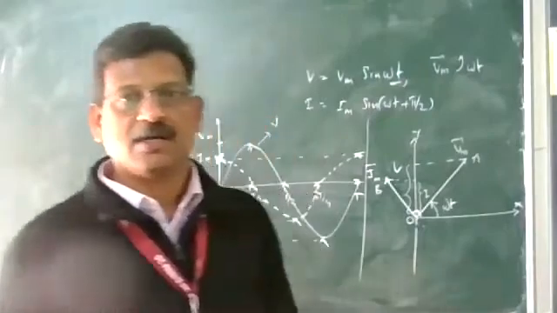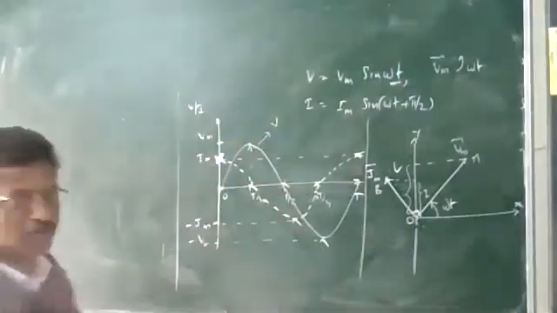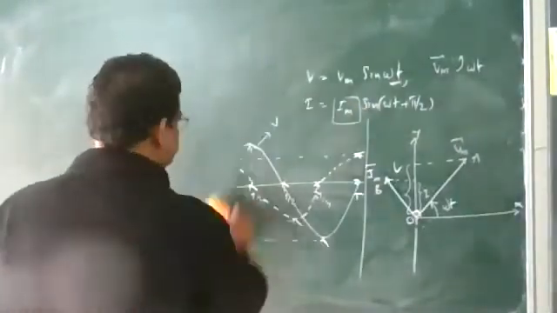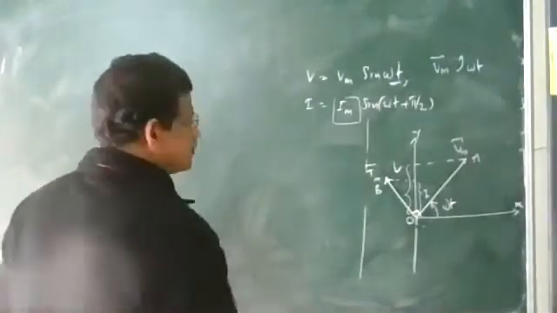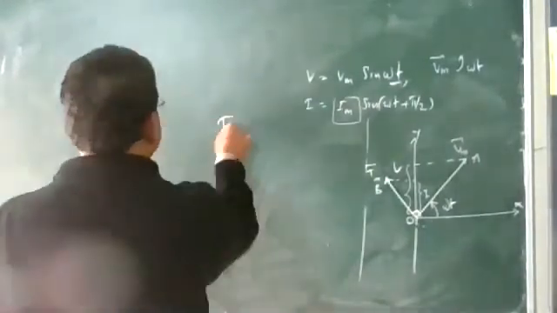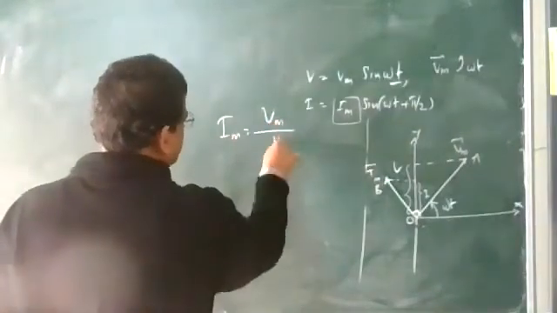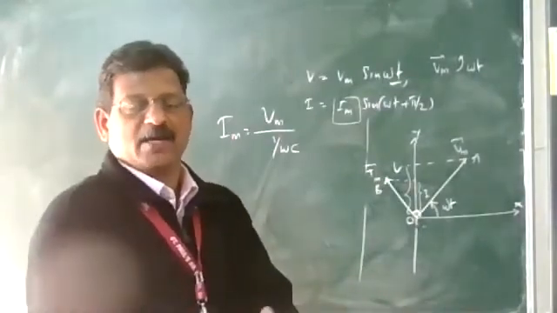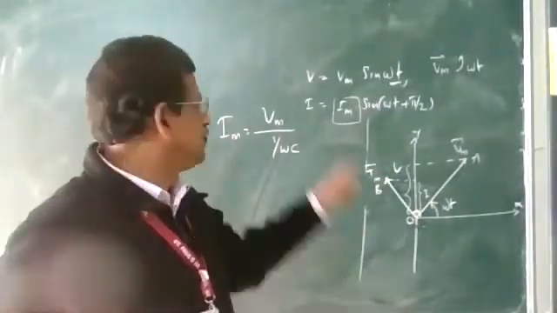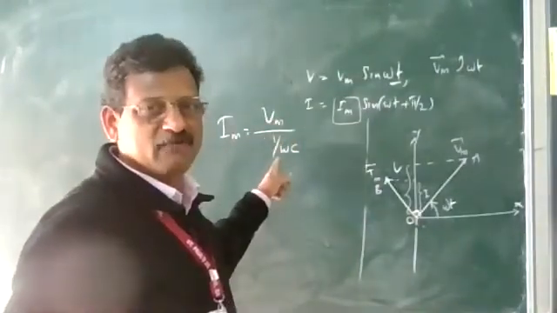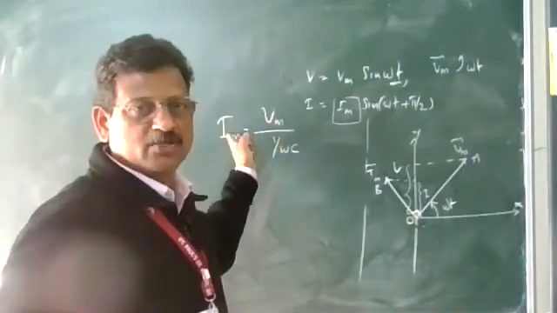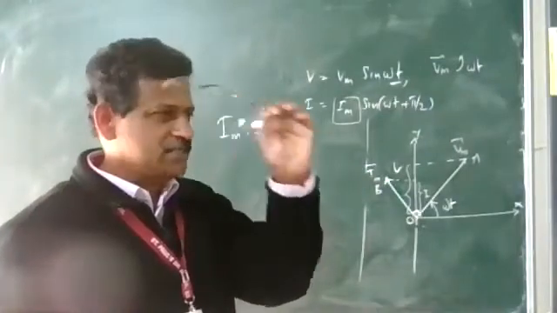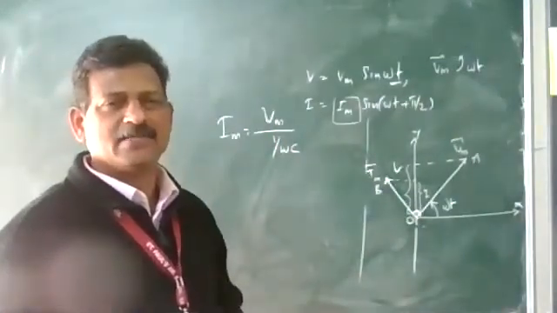So this is your capacitor circuit, and there is an important point here. What is Im? The value of Im is Vm divided by 1 upon omega C. Im is equal to Vm upon 1 by omega C. So the current is obtained by dividing voltage by some value in the denominator. That means 1 by omega C must be some resistance.